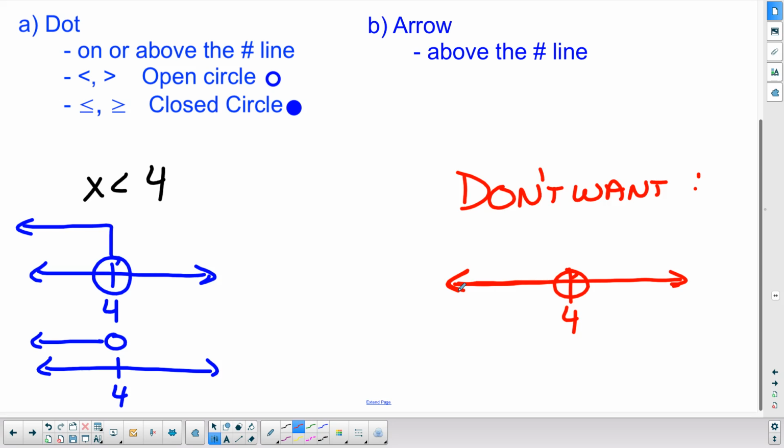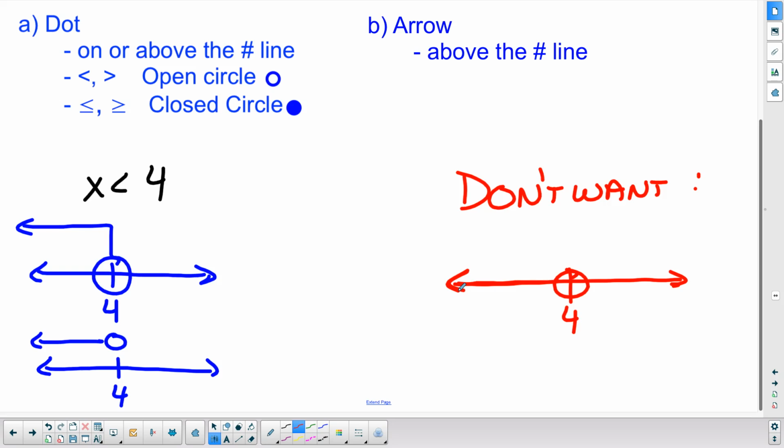Okay? Now, to get to this point, to get to the graphs, we're going to have to do some solving. We're going to have to solve some inequalities. The nice thing about solving inequalities is that it's just like solving equalities. Okay? Whatever we do on one side, we got to do it to the other. Okay? If I want to move something, I got to do the inverse.